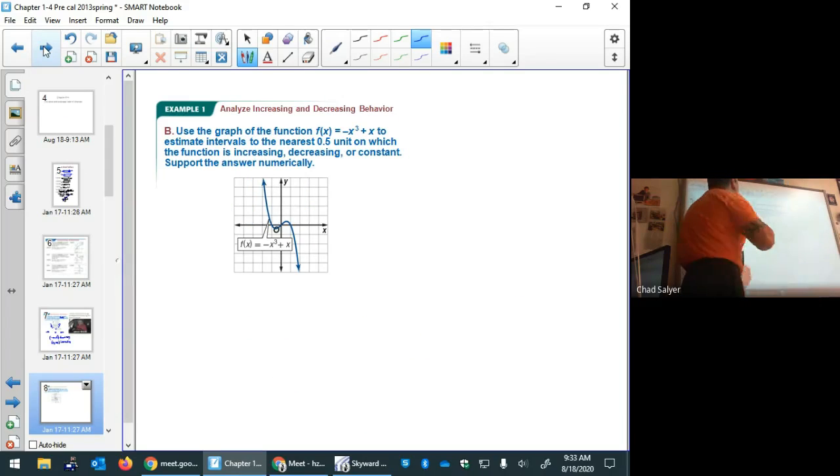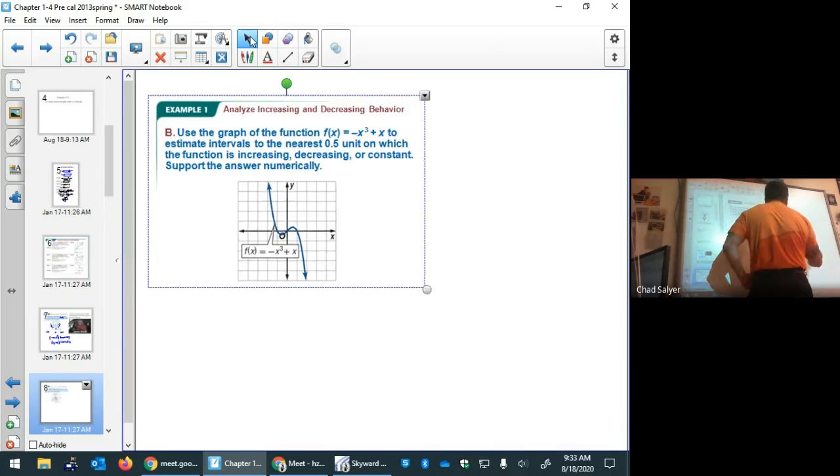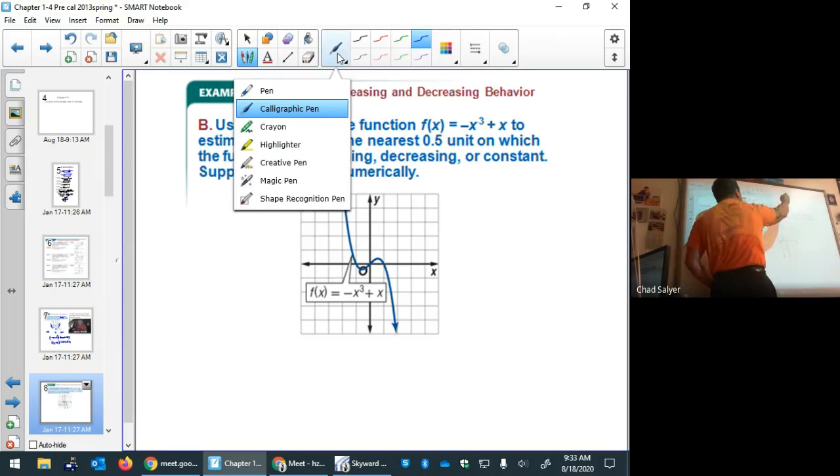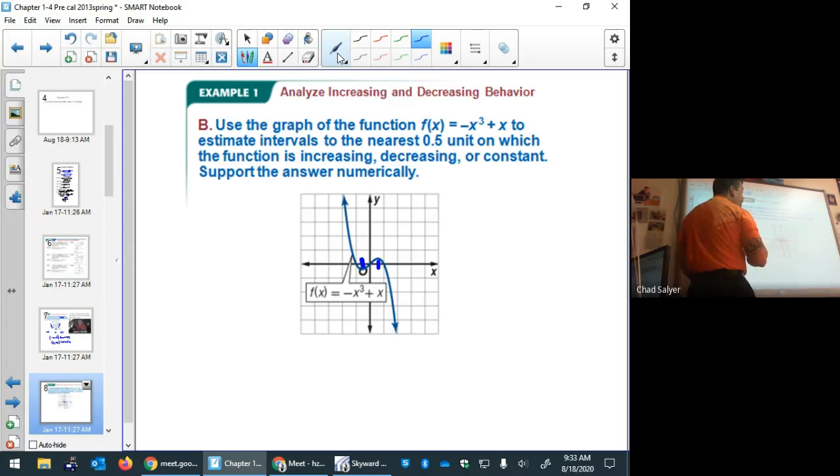All right, let's look at this one. So here we have negative x cubed plus x. And we've got 3 intervals of behavior here, it looks like to me. In this case, it does make sense to go to the nearest half unit because these clearly occur at negative 0.5 and 0.5.